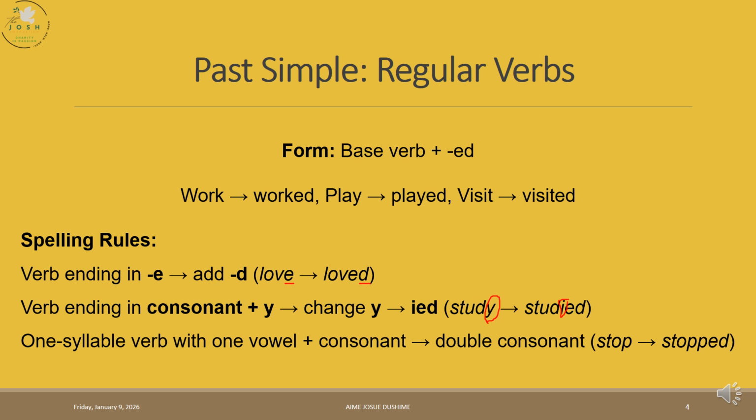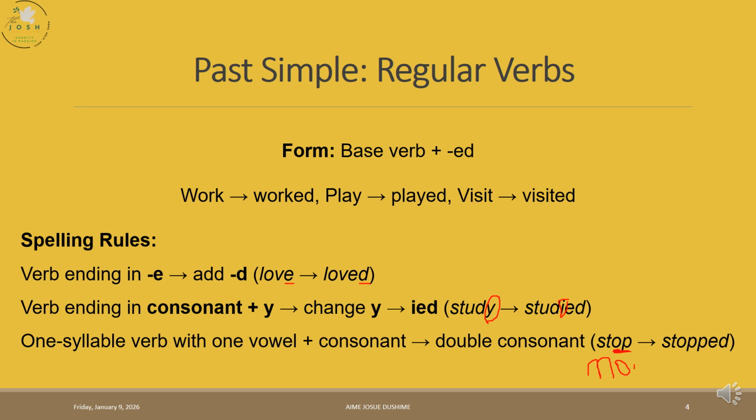mop. In that case, we double the last consonant, when we have what we call one vowel and one consonant at the end of the word. When you say stop, this is a vowel O and one consonant P. The same goes with the verb to mop the floor.